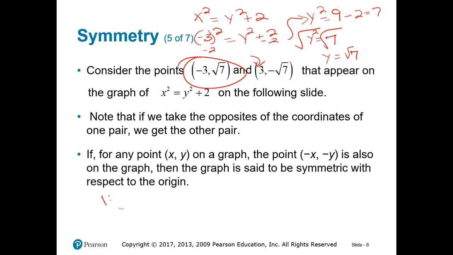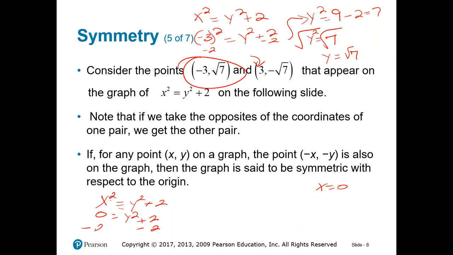Now let's talk about what if we said x is 0, or we could choose y is 0. They both have the square, so there's going to be a little bit of work to do no matter which direction I go. If I chose to let x equal 0, then I have 0 squared, which is 0, equals y squared plus 2.